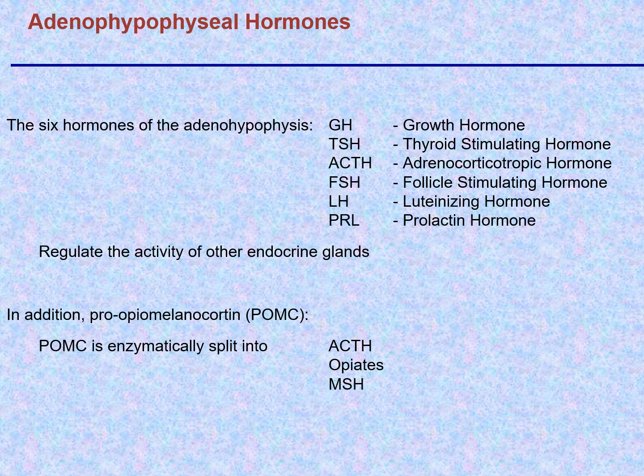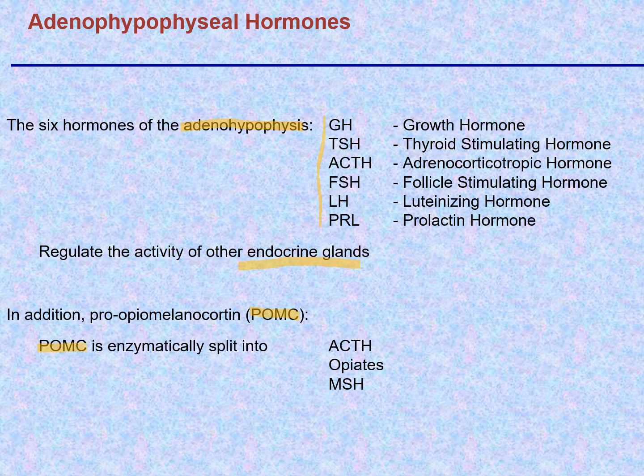So the anterior lobe of the pituitary gland, or the adenohypophysis, produces these 6 hormones, as I listed before, and these regulate the activity of other endocrine glands or tissue in the body. But there is also a 7th hormone that it produces called POMC.